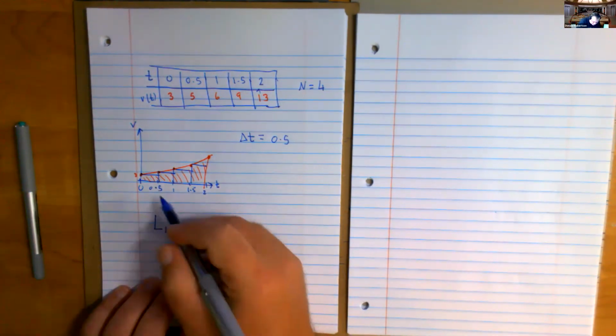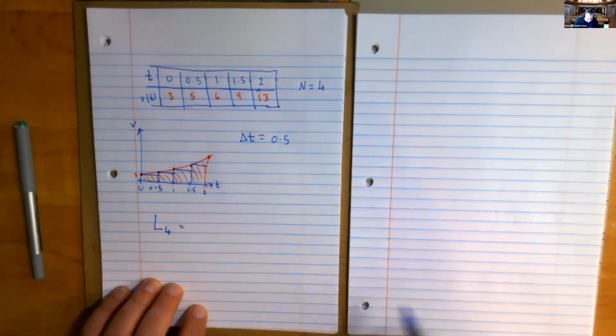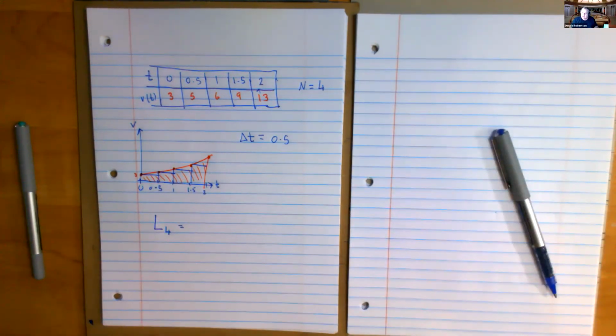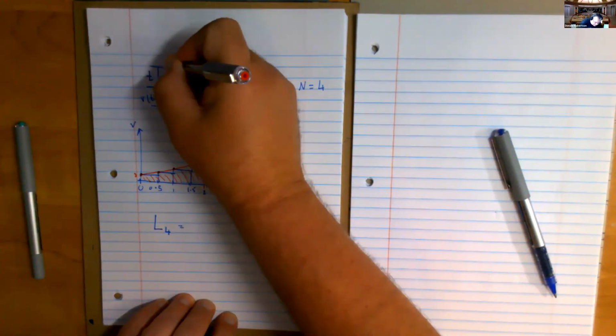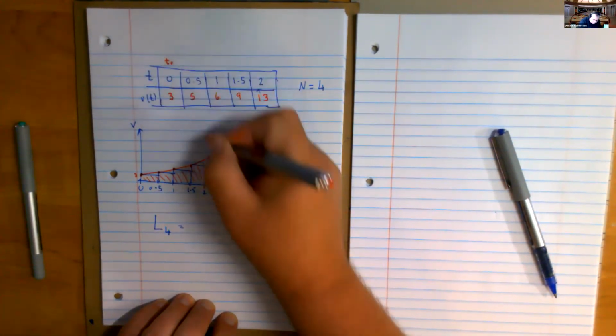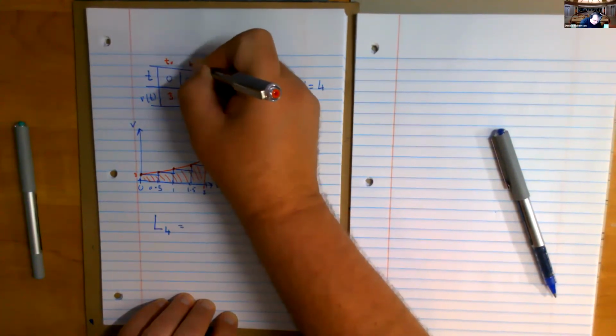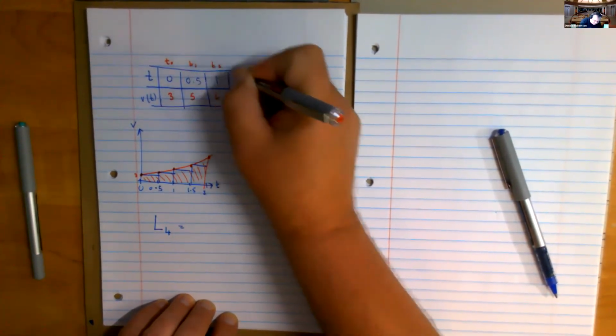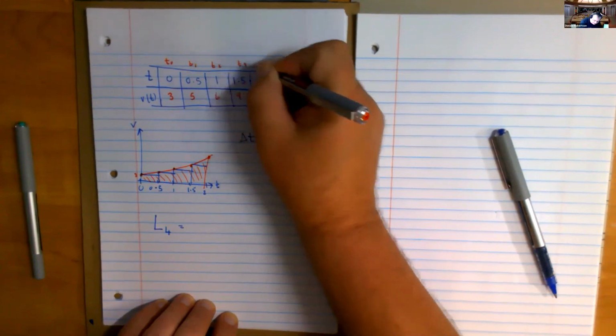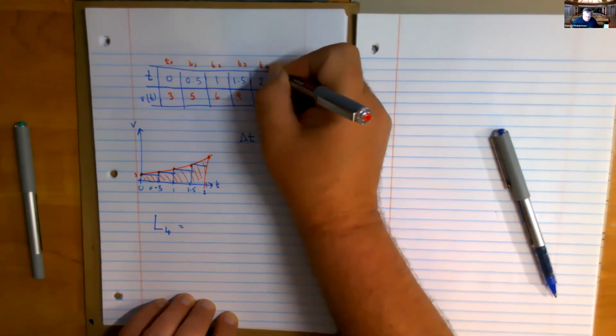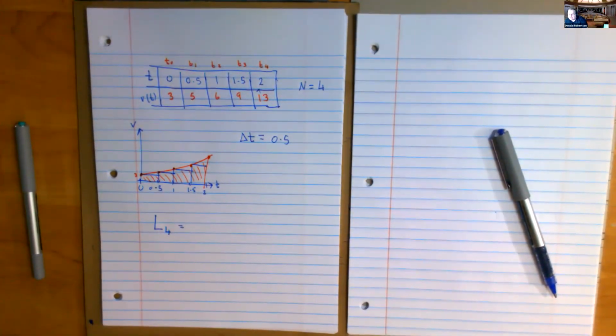If I was trying to find the area of these 4 guys, I'm going to introduce some nomenclature. This t value is called t0. This guy's called t1. This guy's called t2. This guy's called t3, and the last guy's called t4.